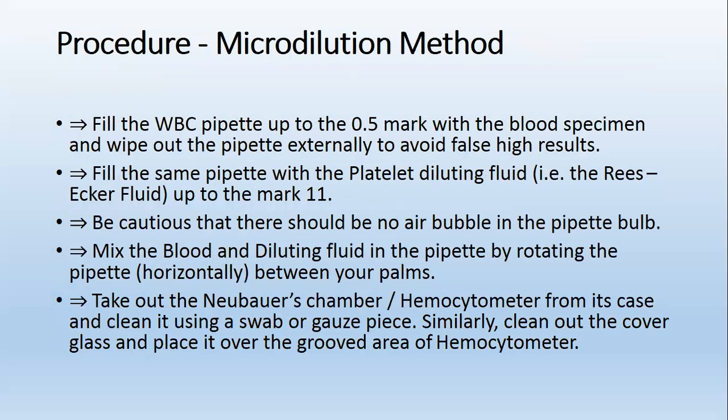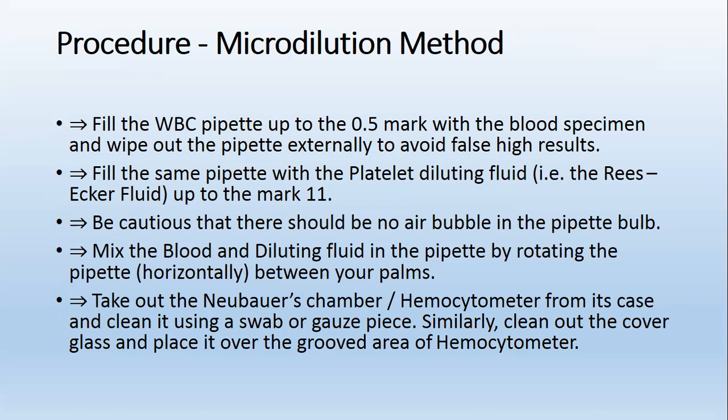Now the procedure for microdilution. Fill the WBC pipette up to the zero point five mark with the blood specimen and wipe the pipette externally to avoid a falsely high result. Fill the same pipette with the platelet diluting fluid, that is the Rees-Ecker fluid, up to the mark of 11.